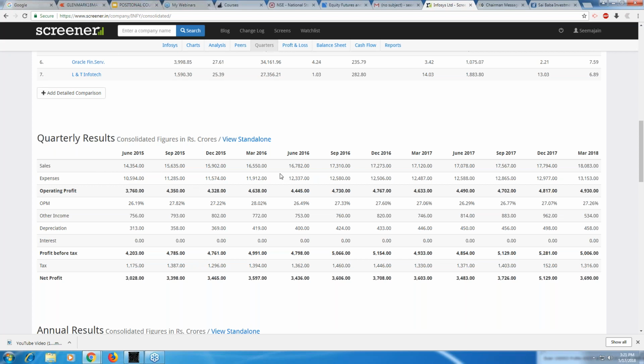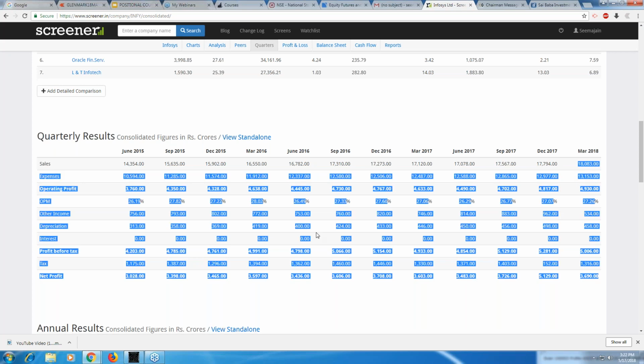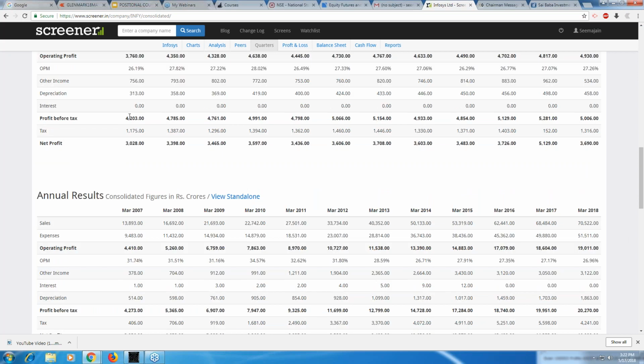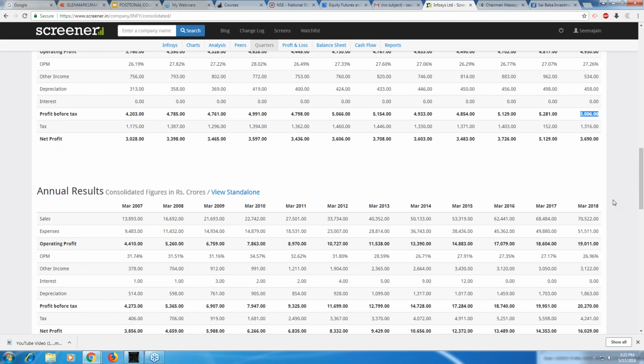Then we go on to the sales. Sales have grown from 14,000 crore to 18,000 crore, right? Operating profits have also gone from 3,760 to 4,900, right? And profit before tax, earlier it was 4,200, now it's 5,000. And sales have grown drastically.